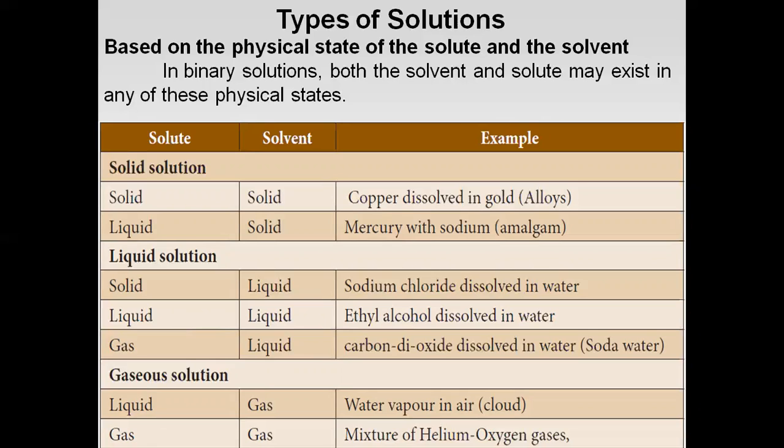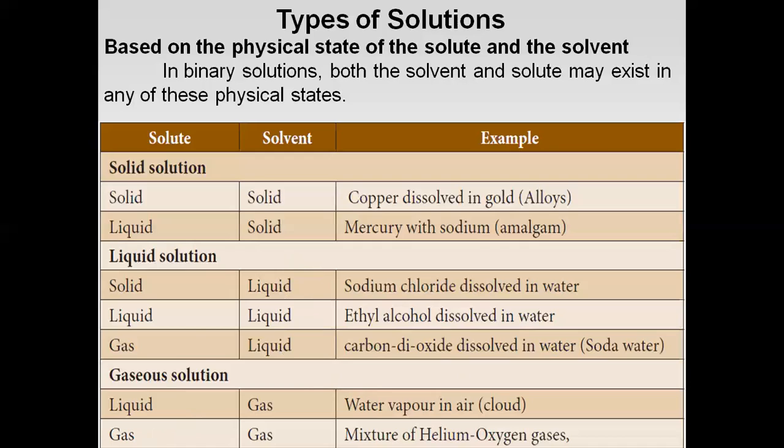Gas and liquid: carbon dioxide is dissolved in water, that is called soda water. So the gas is carbon dioxide and the liquid is water. The solvent part is the major part, so the water is the larger amount in this solution. So this is the example for the liquid solution.